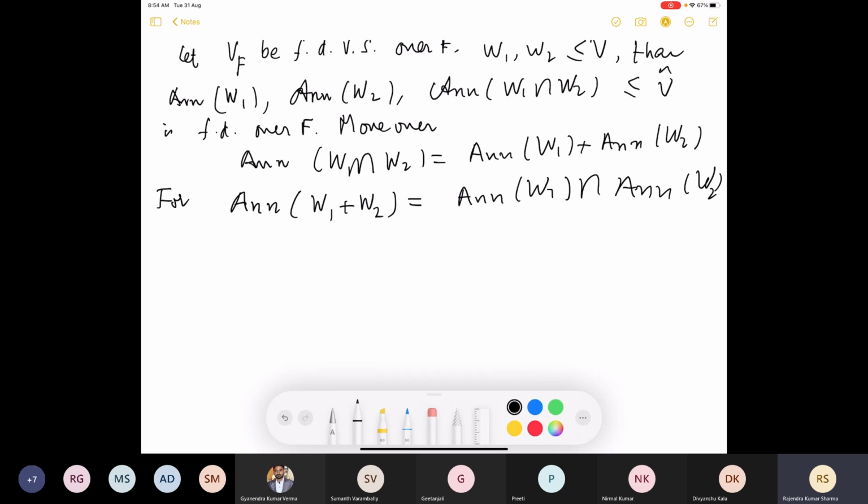This can be seen easily. So you just take that these sides are equal, and then you can obtain what we wanted about the annihilator.